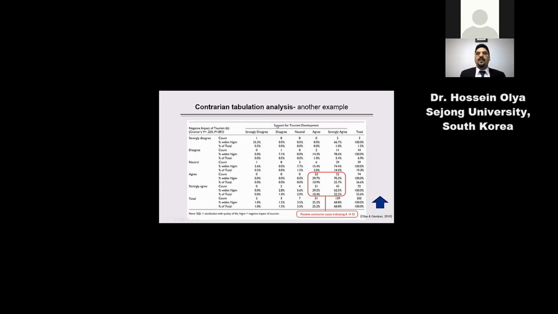It means they believe this tourism has a negative impact, so why should they support it? But the results of the cross-tabulation analysis show that we still have people who believe tourism has a negative impact, but they support tourism development projects and plans. So in qualitative comparative analysis, we include the view of these people.